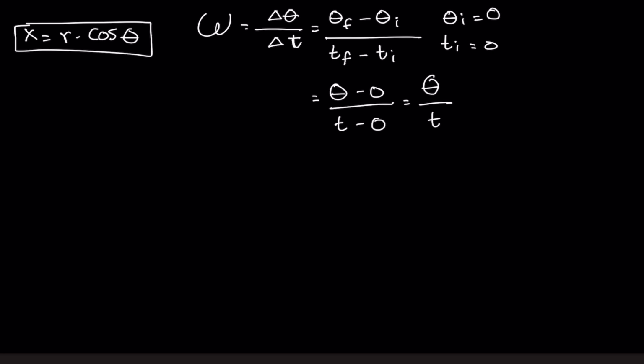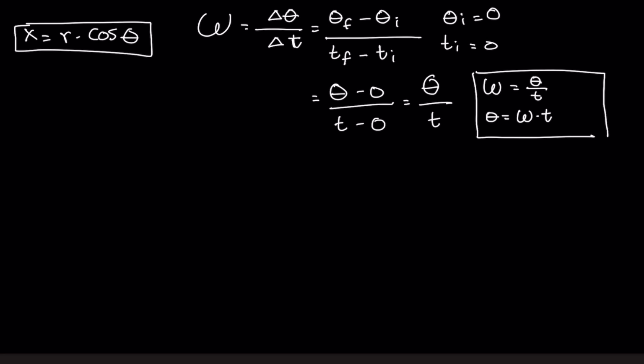Now, what can we use for this? Notice how this equation has theta in it, and we can replace that here. Omega is equal to angle divided by time, which we can change into theta is equal to omega times time.